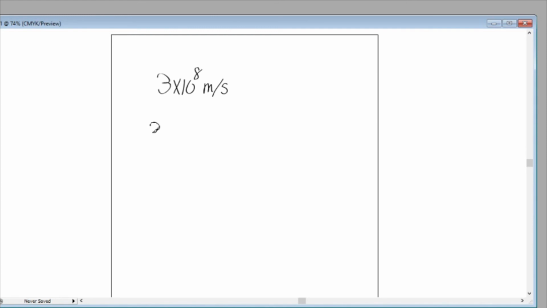This is 3. Like we said, times 10 to the power means that we're going to move this decimal. So the decimal starts here. 1, 2, 3, 4, 5, 6, 7, 8. So the decimal is going to end up here. Fill in these zeros here. And we get quite a large number.